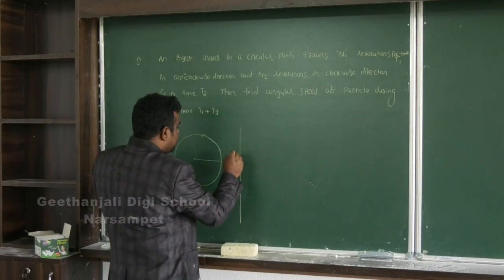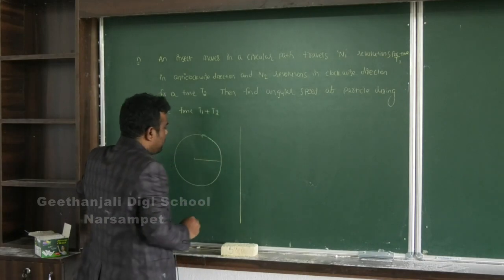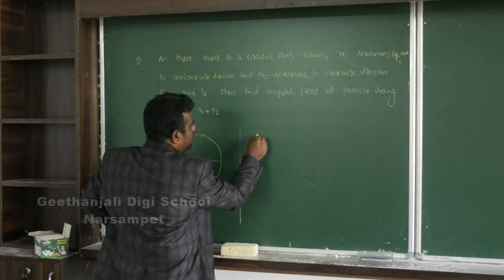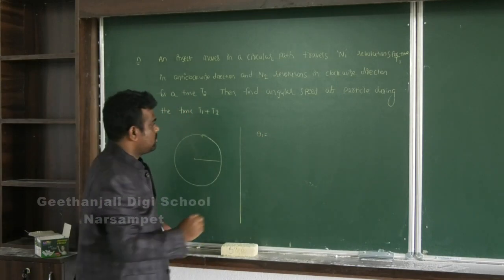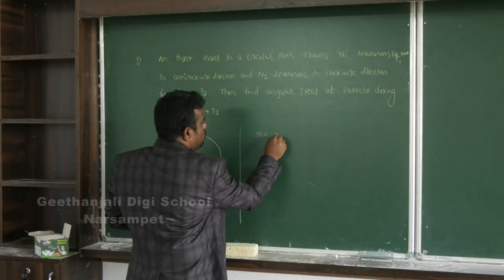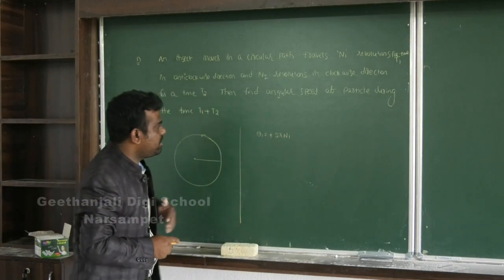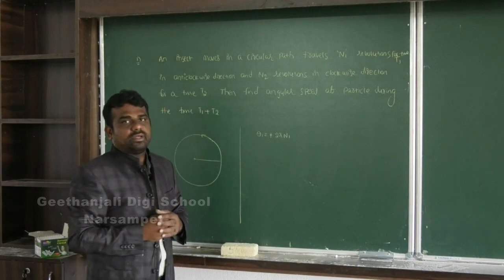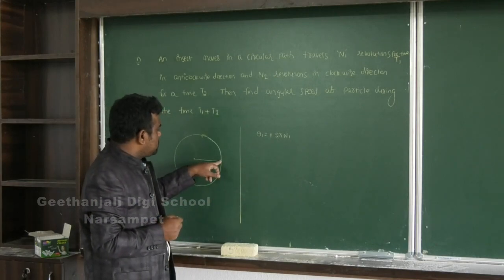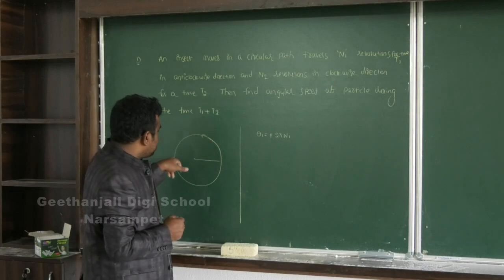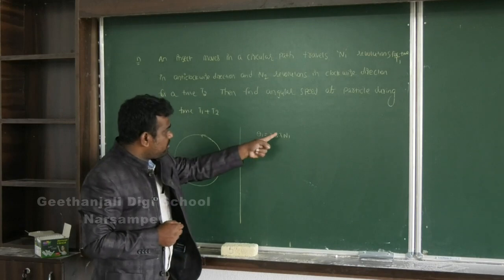I can say theta 1 is equal to plus 2 pi n1. Why plus 2 pi n1? That insect is moving in an anti-clockwise sense, completing n1 revolutions.